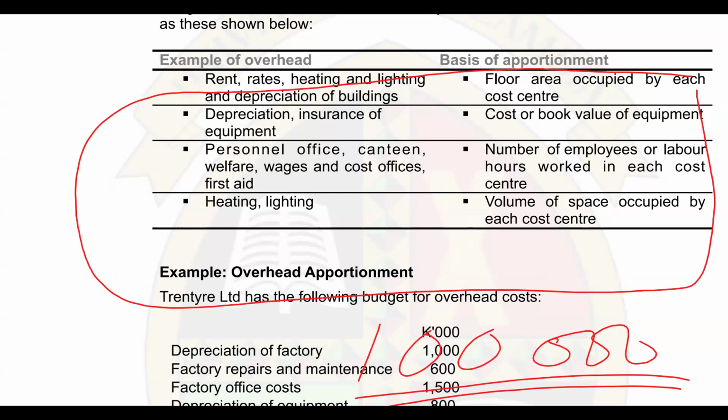We understand that these schools occupy different sizes of the same land. Some schools occupy very big spaces, for example the School of Humanities, maybe School of Education. So what could be the best way of allocating this 100,000? That basis is what you call the basis of apportionment.